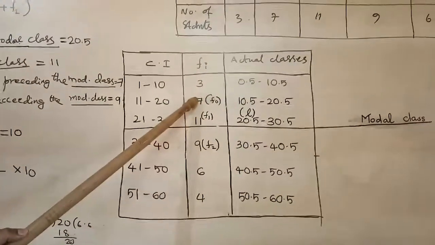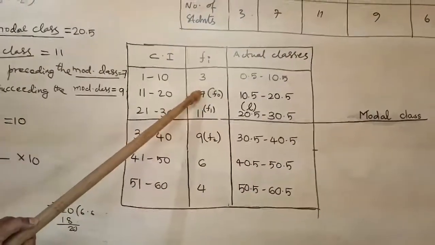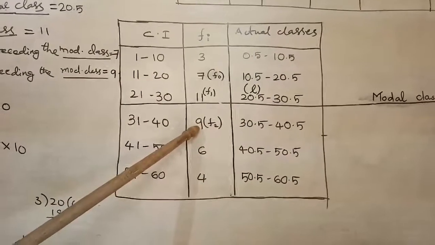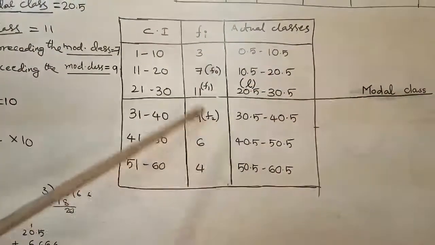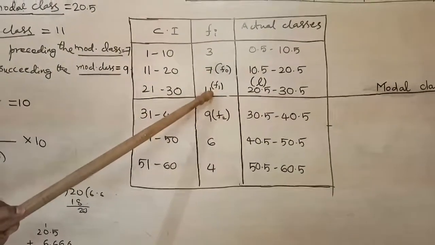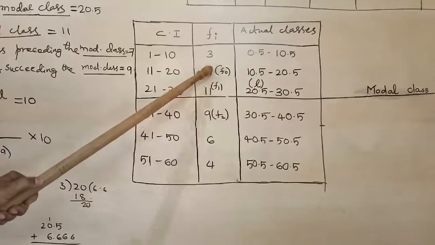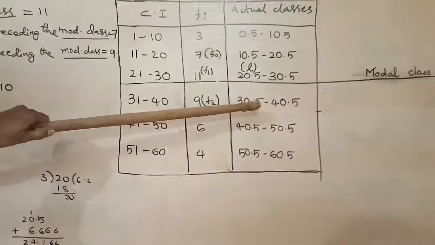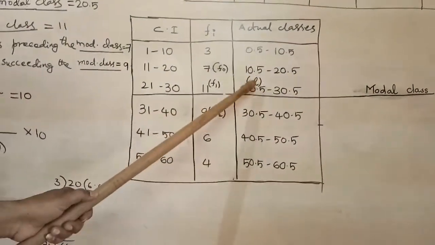The frequency of the class preceding the modal class is F0. F2 is the frequency of the class succeeding the modal class. Like that, find F0, F1, F2, and then L.